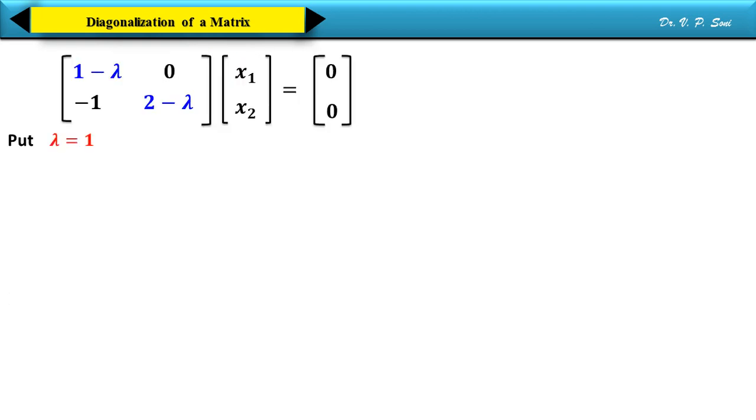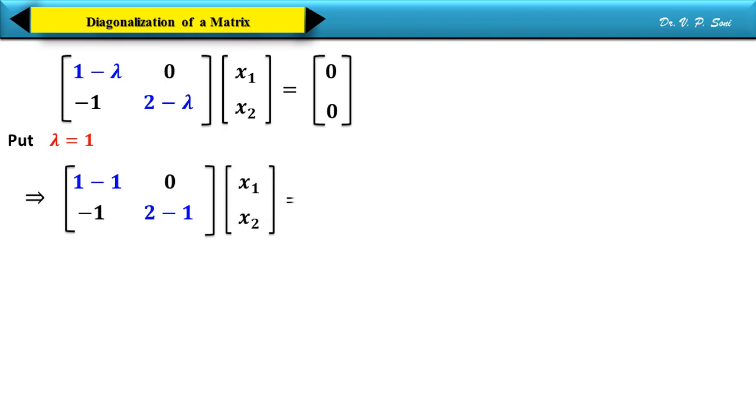Now put λ = 1, then we get the matrix with first row (1 − 1, 0), second row (−1, 2 − 1), times [x1, x2] equals [0, 0].